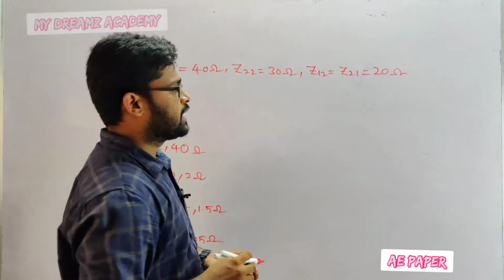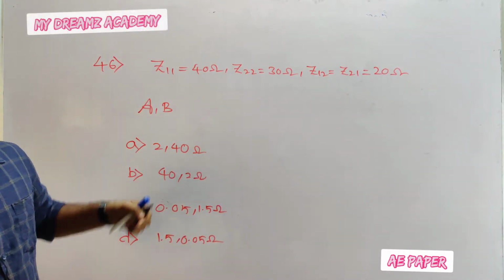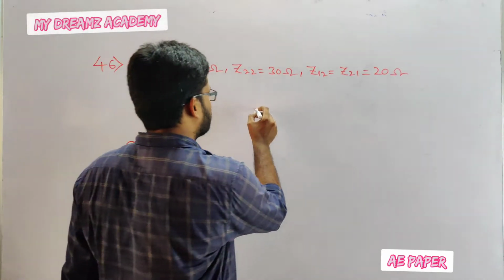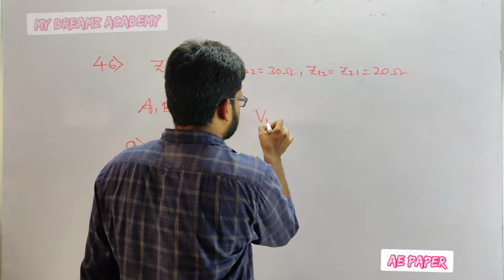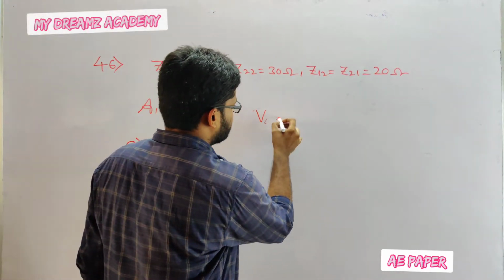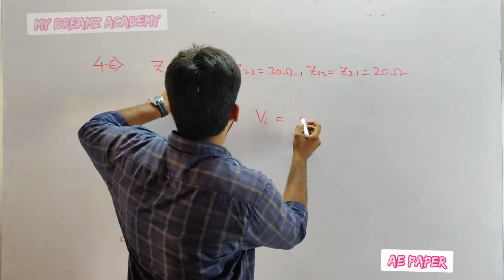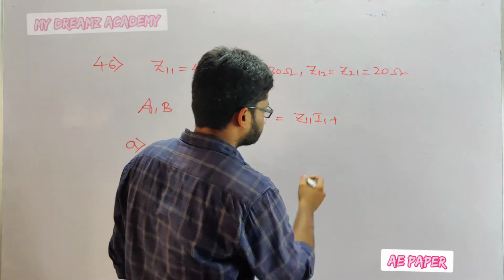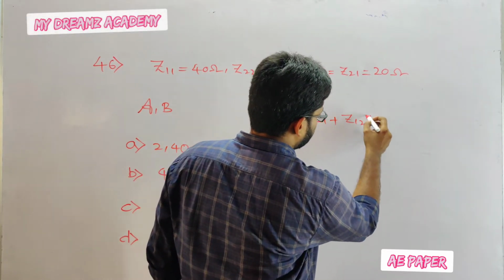Now we have Z parameters, and we need to calculate ABCD parameters. In that, we have to calculate the A and B values. First of all, we write the Z parameters: V1 is equal to Z11 I1 plus Z12 I2.